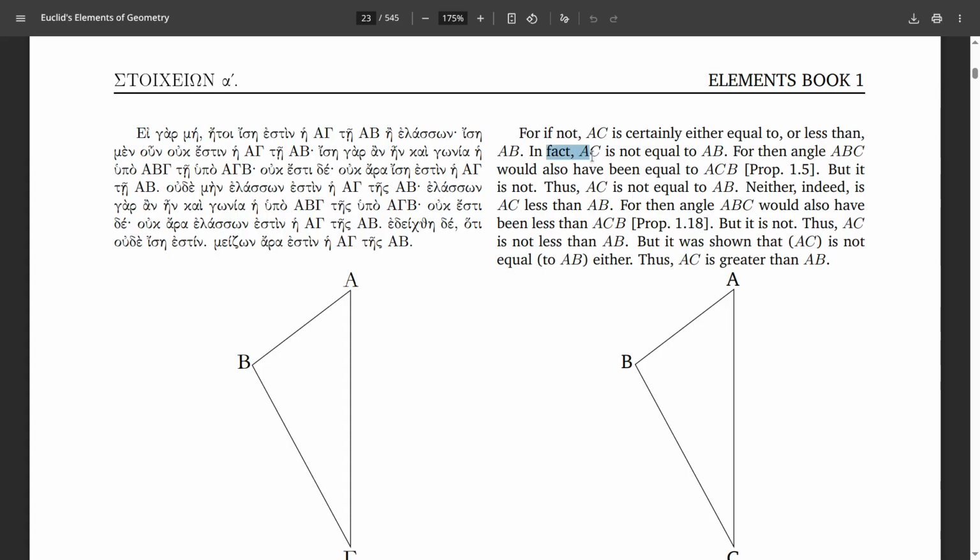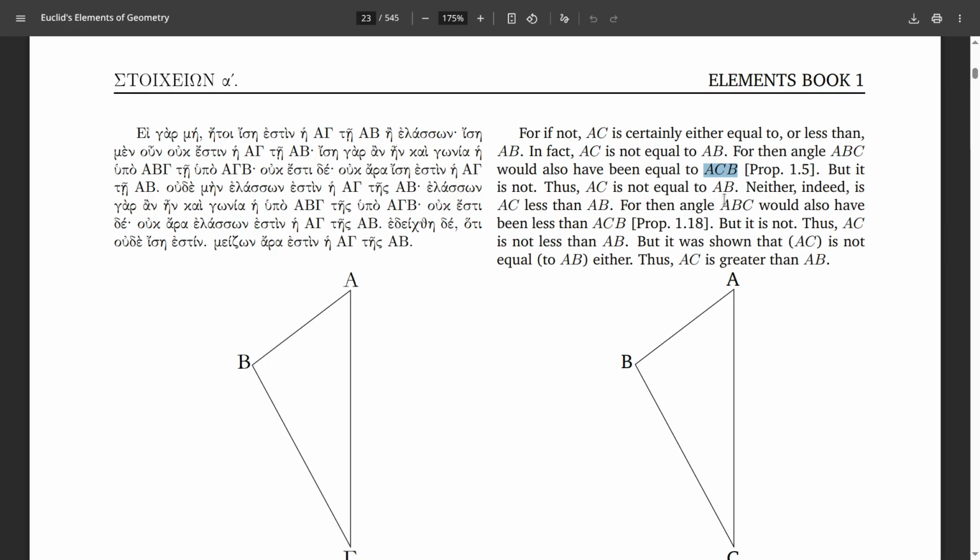In fact, AC is not equal to AB, for then angle ABC would also have been equal to ACB. But it is not. Thus AC is not equal to AB, neither indeed is AC less than AB.